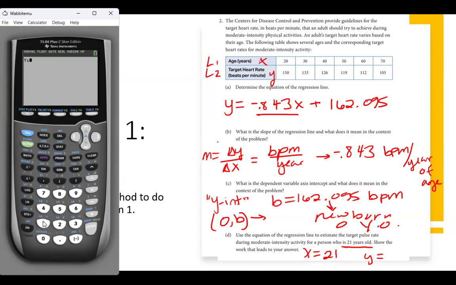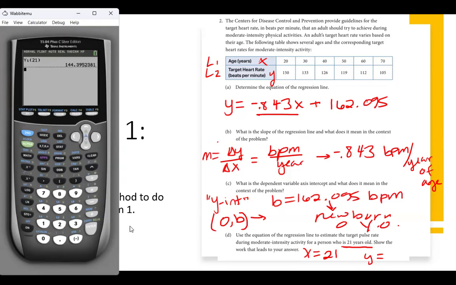I can now say, okay, at number 1, I need you to tell me what is 21. And it's going to tell me that the value at 21 is 144. Does it matter which way you do it? No. Pick your poison. You can use the graph or you can use function notation on the calculator mode. Did they both give us the same thing?